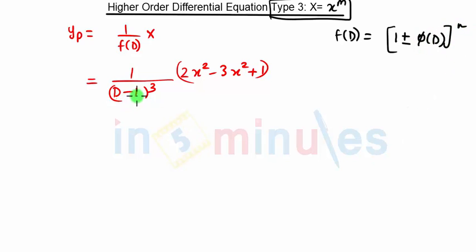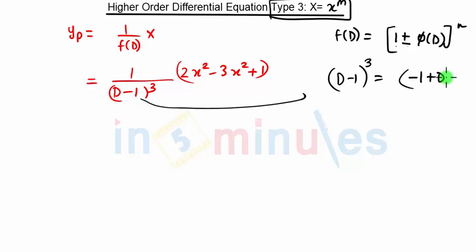Here we have d minus 1 the whole cube, and we have to represent it in terms of 1 plus. We need 1 to be positive, so I am going to take minus 1 common. So it will be minus 1 the whole cube into 1 minus d the whole cube.